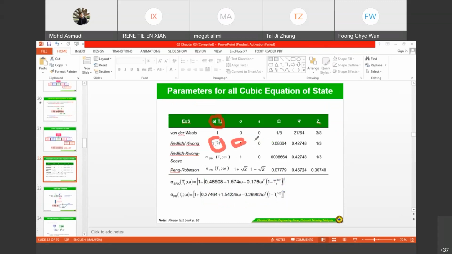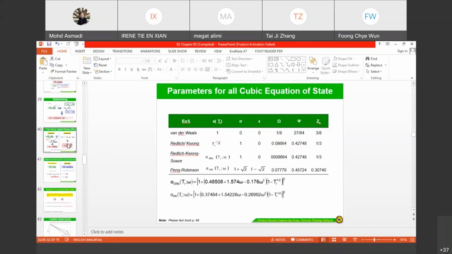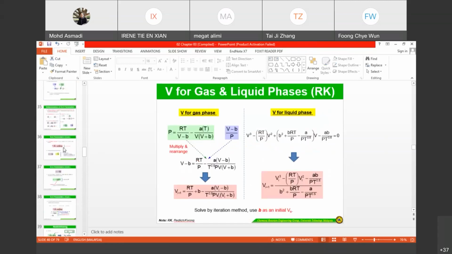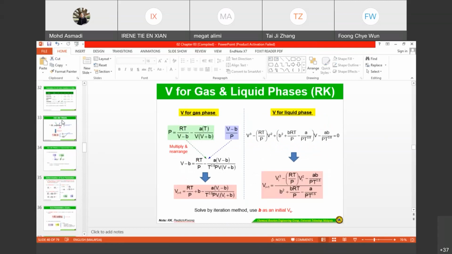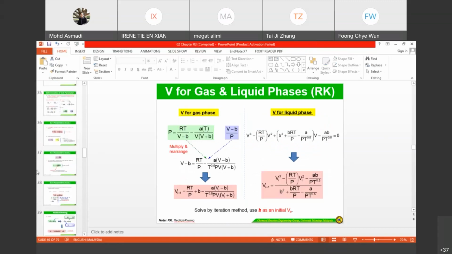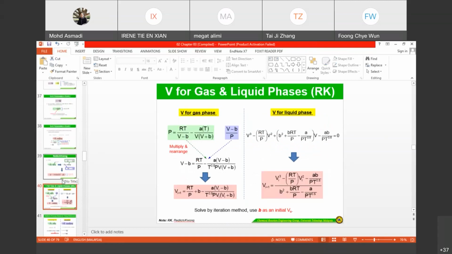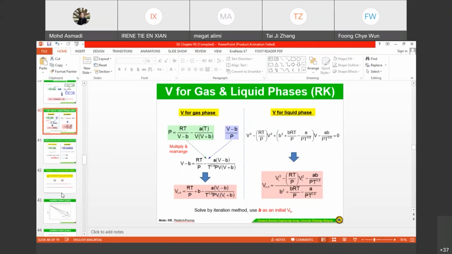Then 0.08664, 0.42748, and the 1 divided by 3 we do not use for this parameter. So just substitute alpha TR with TR, and you have to find the value of TR.